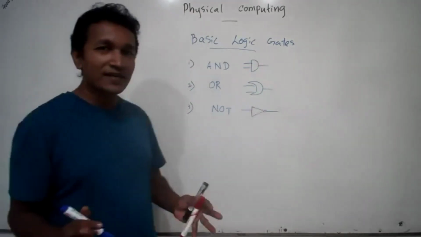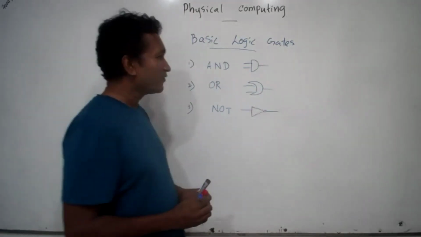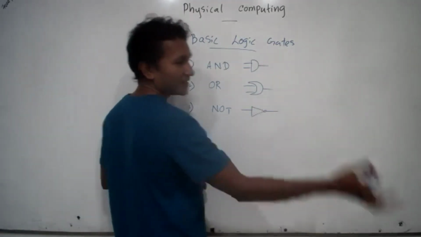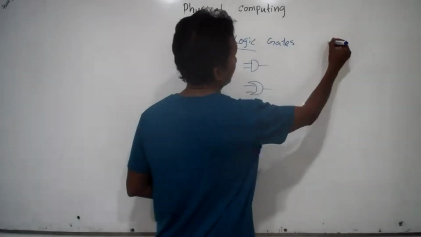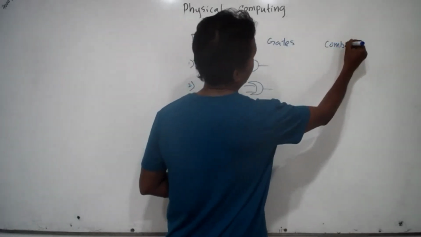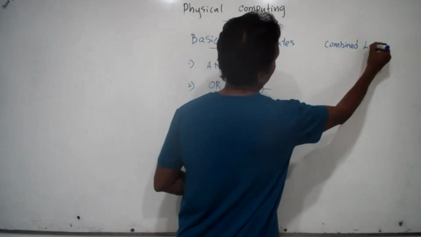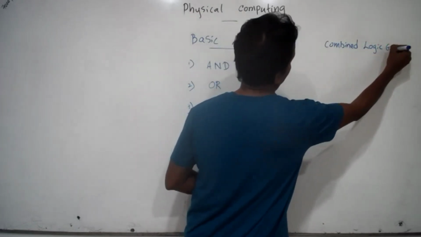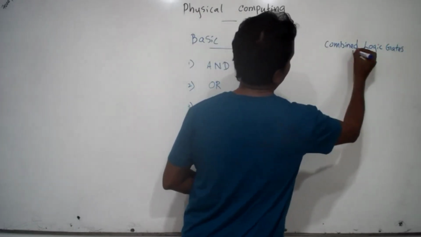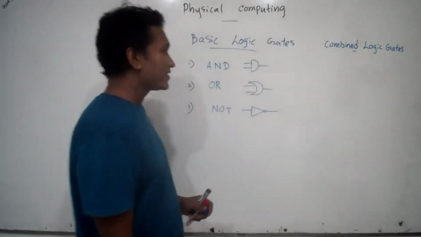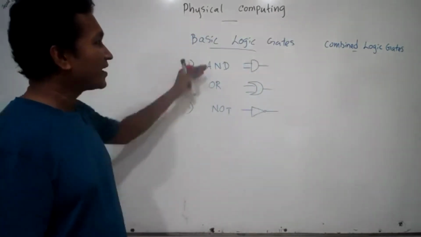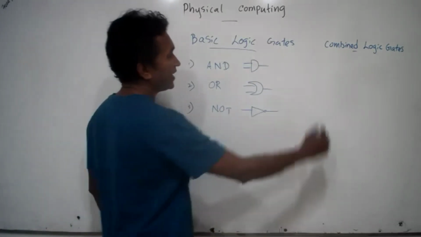Right? Those are the combined logic gates. We call it combined logic gates. Combined means we can combine these logic gates like this.